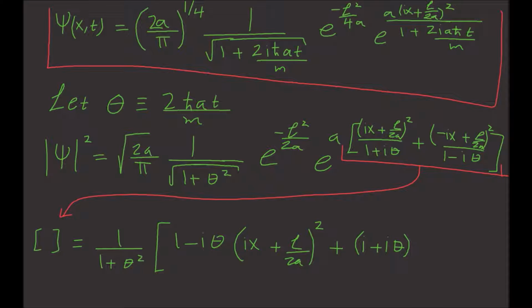Remember cross multiplication, times minus i x plus L divided by 2a. This is also squared. Alright, so let's simplify it a little bit further.